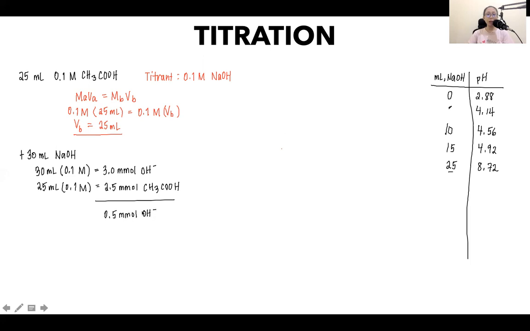So this amount of hydroxide ion, or what we call the excess hydroxide ions, will determine the pH of the solution. So first, we will get pOH. That's the negative logarithm of the concentration of the hydroxide ions, which is 0.5 millimole divided by 55 mL. So where did 55 mL come from? That's 25 mL, the volume of the analyte, plus the total volume of titrant added.